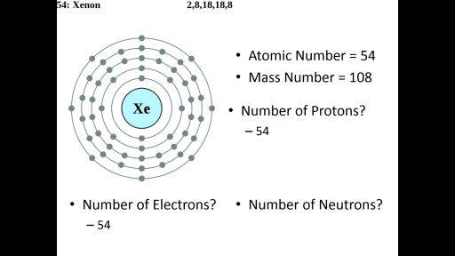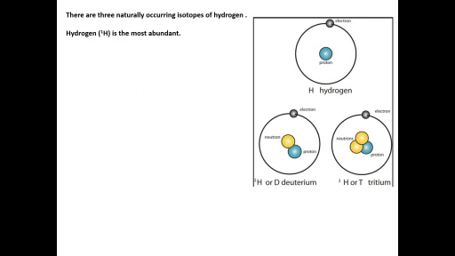The number of neutrons would be, in this case, 108 minus 54, which gives you 54. Going back to isotopes. Sorry for that little transition in the slides. Keeping you on your toes. Think of that as a review question. So back to isotopes.